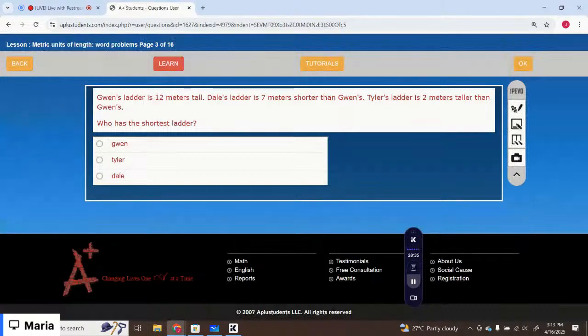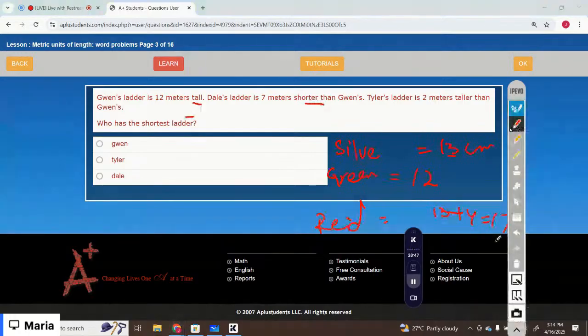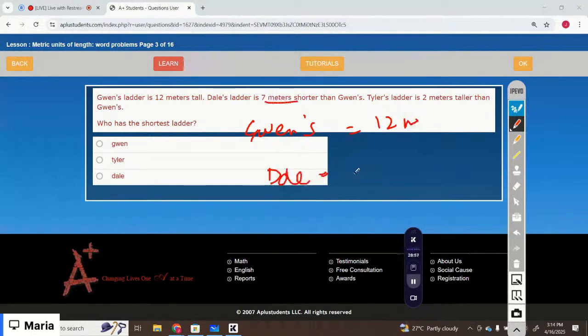Gwen's ladder is 12 meters tall. Dale's ladder is 7 meters shorter than Gwen's, and Taylor's ladder is 2 meters taller than Gwen's. Who has the shortest ladder? Okay, so Gwen's is 12 meters. Dale is 7 meters shorter, so 12 minus 7 is 5 meters.